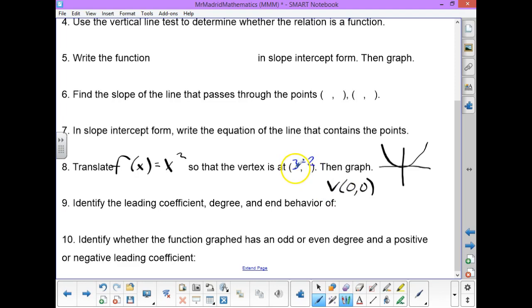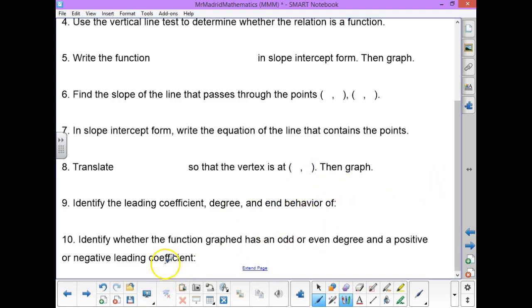This is my x-axis, so I'm going to move it 3 units to the right: 1, 2, 3. Then 2 down: 1, 2. This is where the vertex should be. So now I have to draw this parabola, or basically move it, so that the vertex is there. It used to be here, and now it's there.